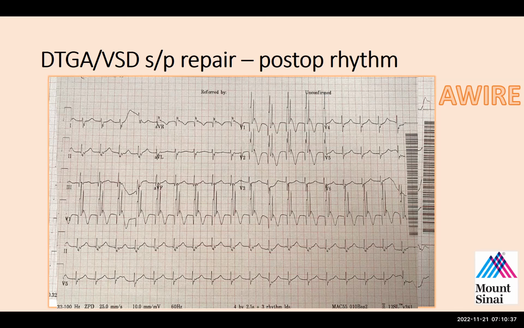I think one straightforward option would be to atrially pace the patient at a higher heart rate, and then to try to augment the blood pressure. Yeah, and that's in fact exactly what the astute cardiology fellow did. They A-paced the patient, I believe, at about 140 or 145, and the child was stable for many hours.